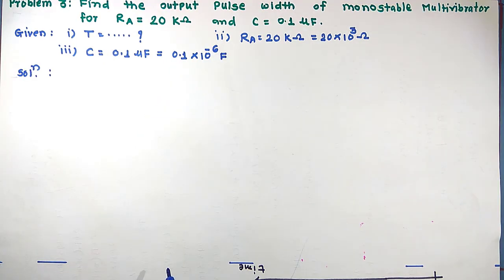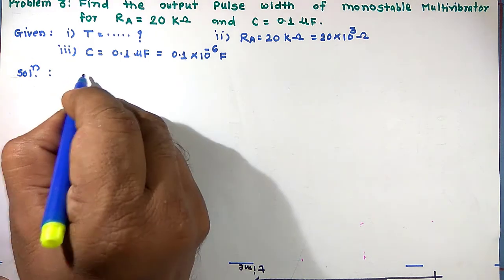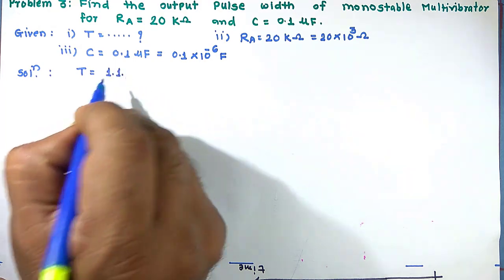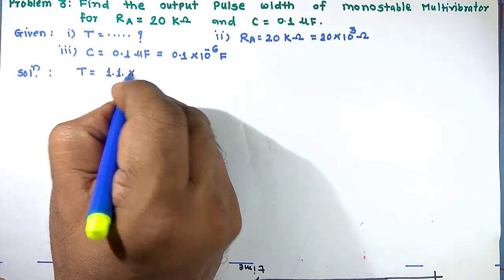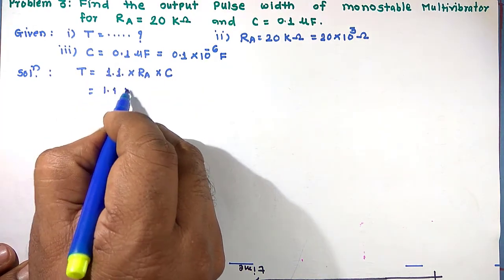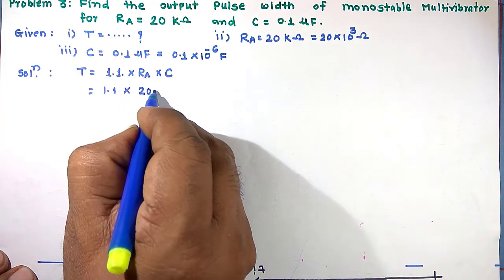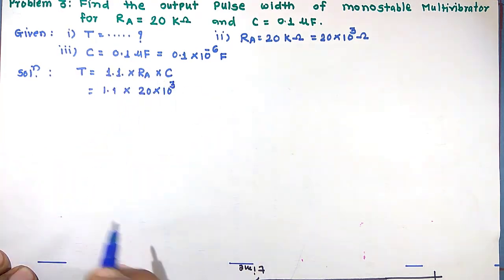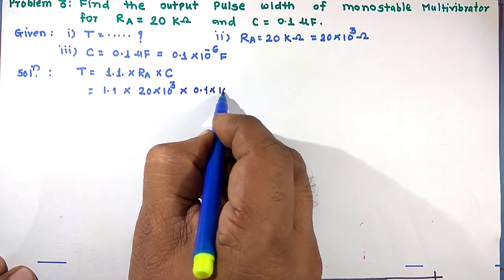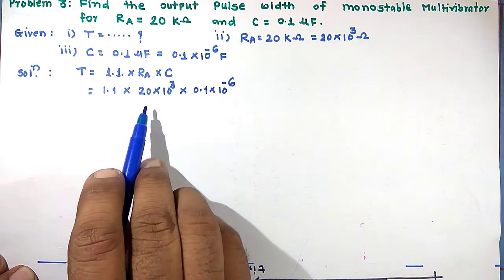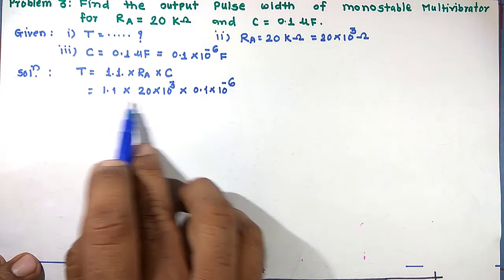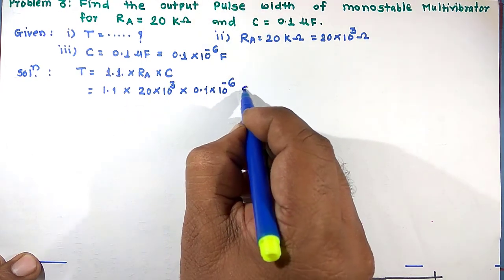Pulse width of monostable multivibrator T is given by 1.1 into RA into C. It is 1.1 into RA is 20 into 10 raised to 3 ohm and capacitance is 0.1 into 10 raised to minus 6. Resistance is in ohm and capacitance is in farad. So this time will be in second.